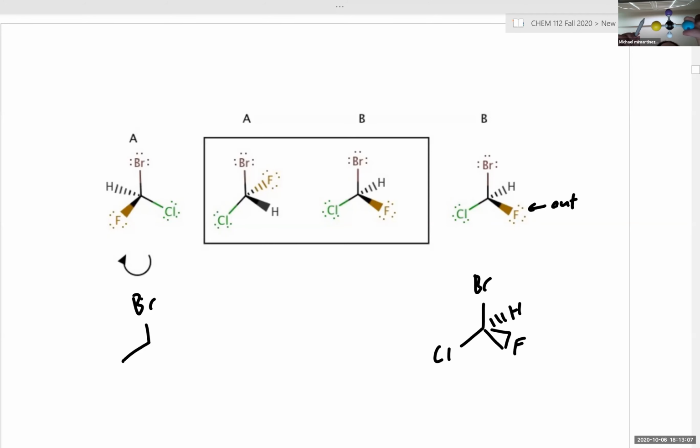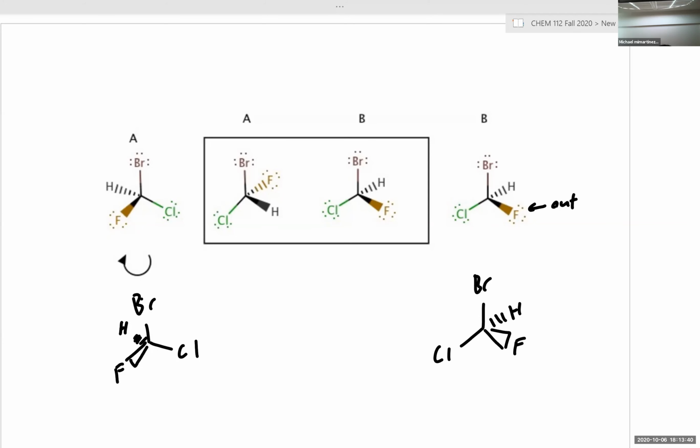We have our fluorine pointing out towards us on the left-hand side, our hydrogen in the back, and our chlorine this time is pointing in the opposite direction to the right.